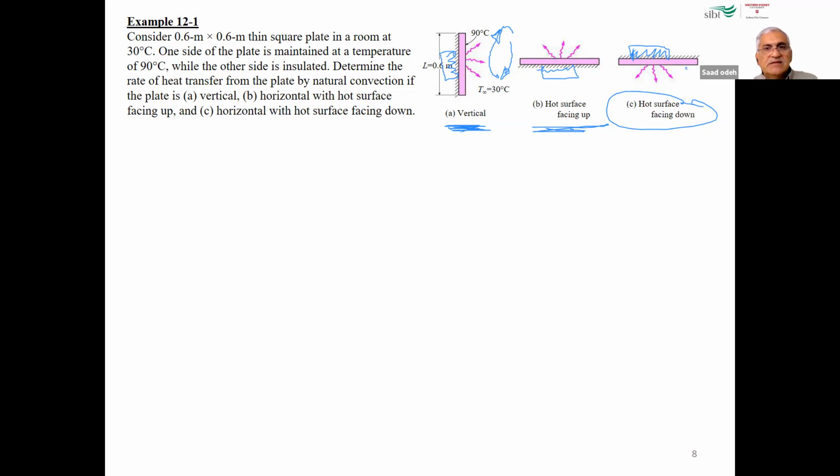If I find that one of them is higher than the others, then I choose that design, because it will give me more cooling. More cooling is better for us, so the component will not fail because of the increase in temperature. Right? Any question before we move?